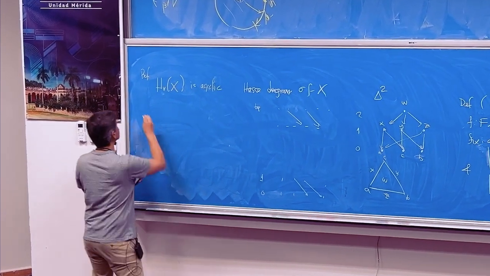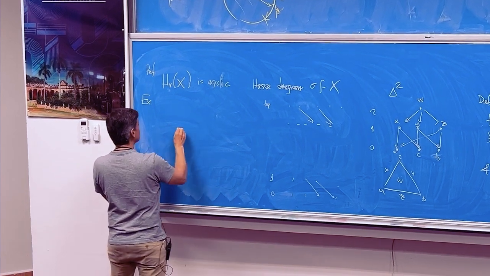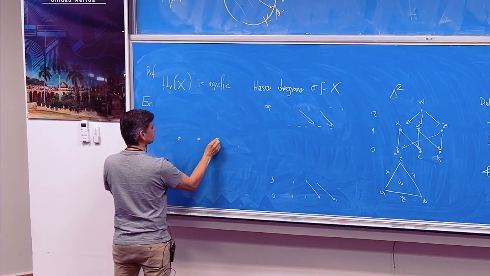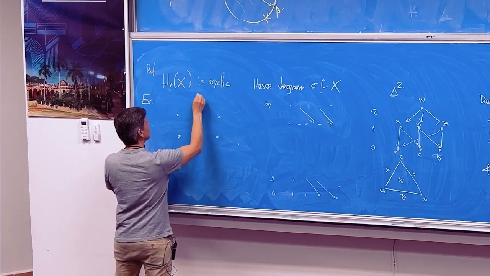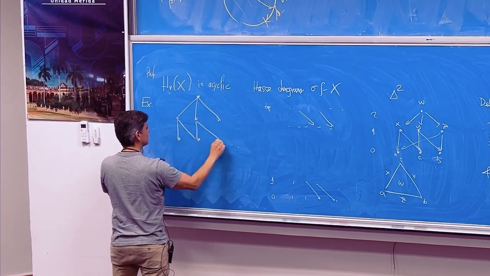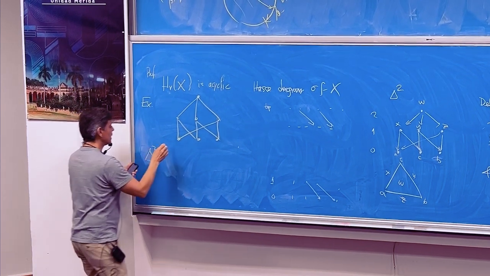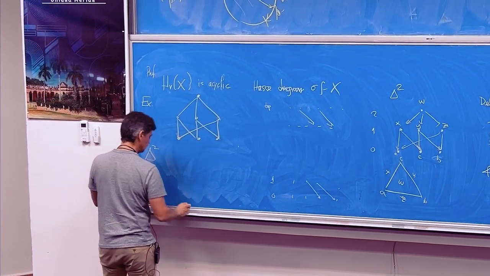All right, so here's an example. Let's be a little bit more precise. Recall the Hasse diagram that I talked about, of a triangle in which everything goes down.